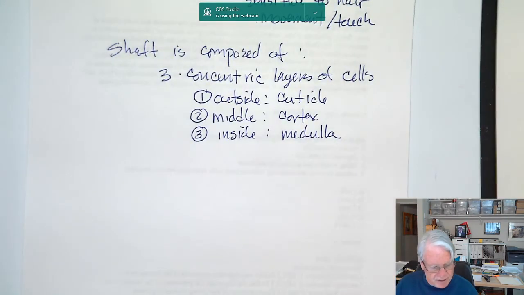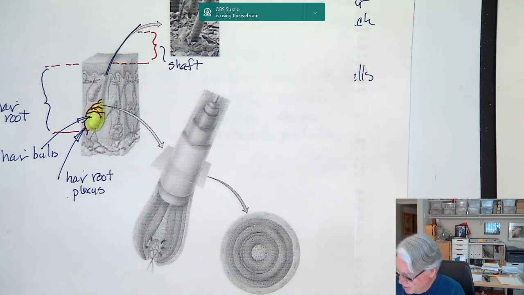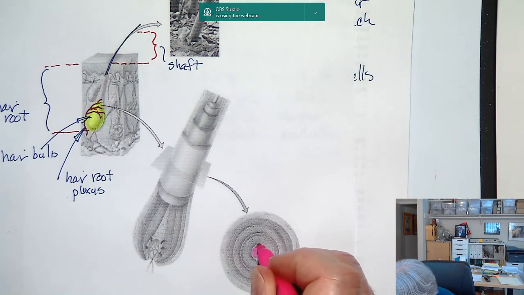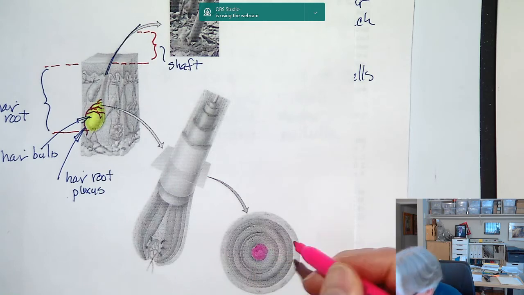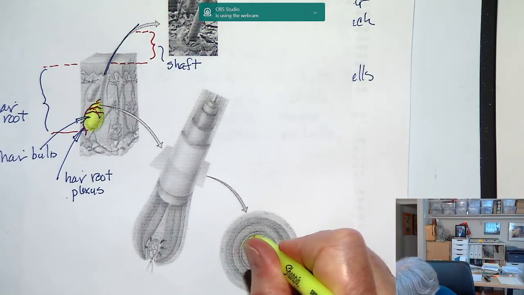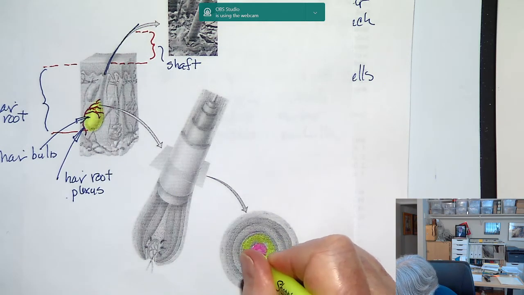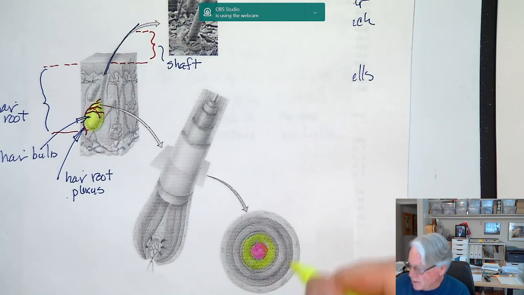So let's go ahead and take our drawing and identify those 3. And let's make some good choices here with color. So the center one, and then let's go ahead. Yellow is always a good choice. And there it is. Okay.